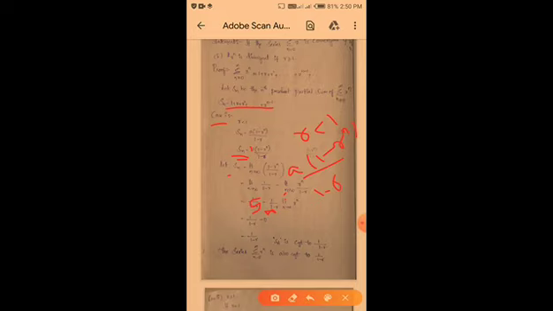So limit n tends to infinity Sn is equal to limit n tends to infinity 1 minus r to the power of n by 1 minus r. So here we have to do 1 by 1 minus r minus r to the power of n by 1 minus r. So applying limit, limit n tends to infinity 1 by 1 minus r minus limit n tends to infinity r to the power of n by 1 minus r. So this is constant, so 1 by 1 minus r.